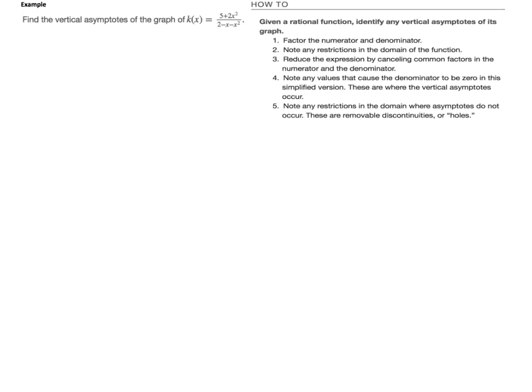Okay, so this textbook calls those holes removable discontinuities. I like just saying holes. It's easier. Okay, so find the vertical asymptotes of the particular function here.